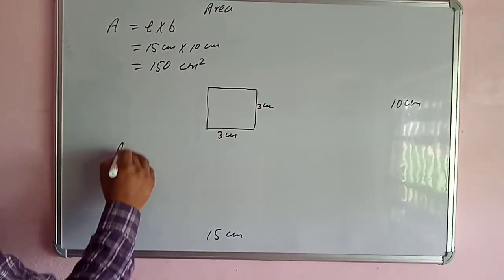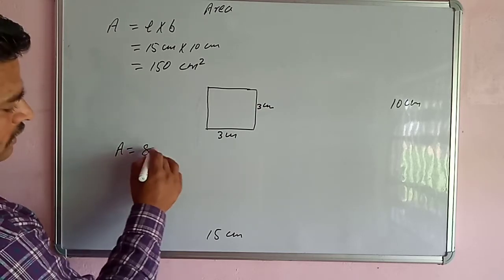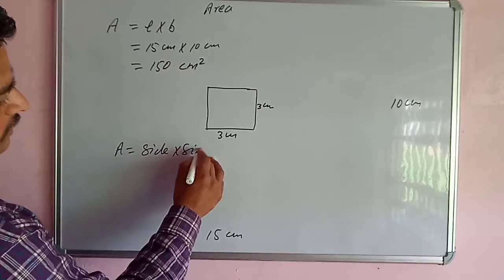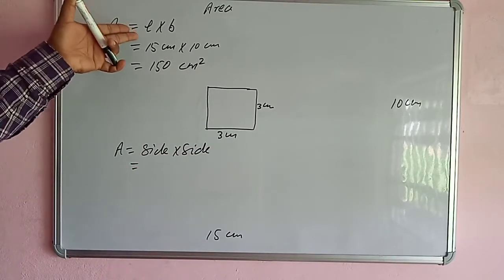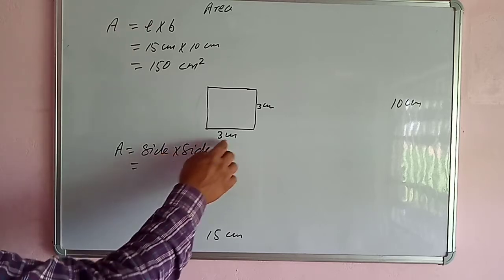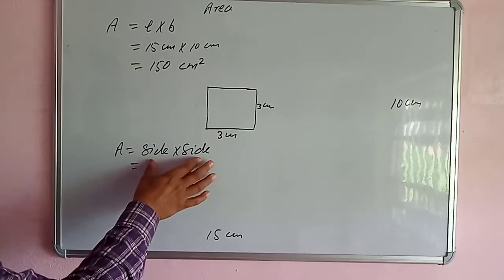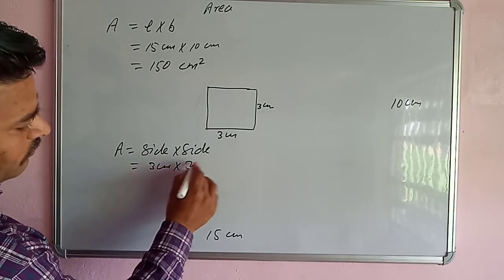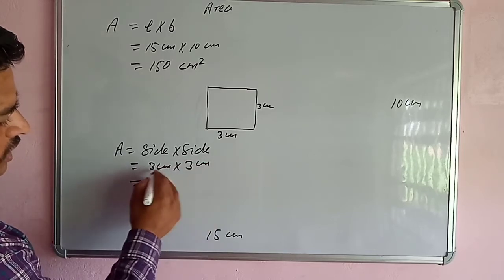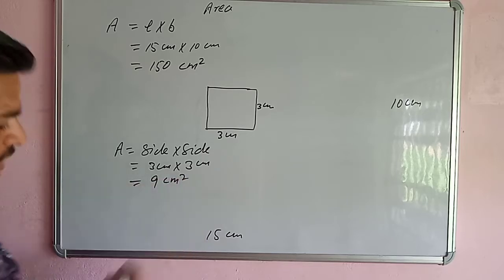To find the area of a square, we will use the formula side multiply side. There is no difference: here we use length multiply breadth, but both length and breadth are equal, therefore we use the words side multiply side. So it is 3 centimeter multiply 3 centimeter. 3 threes are 9, and centimeter multiply centimeter is square centimeter. So it is 9 square centimeter.